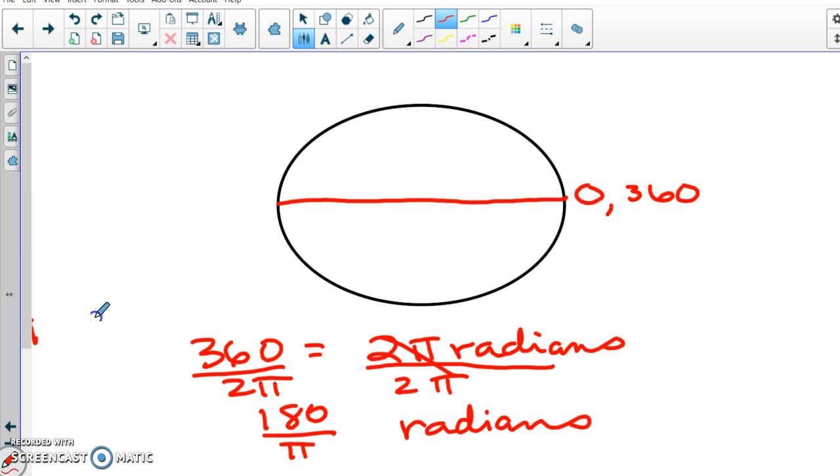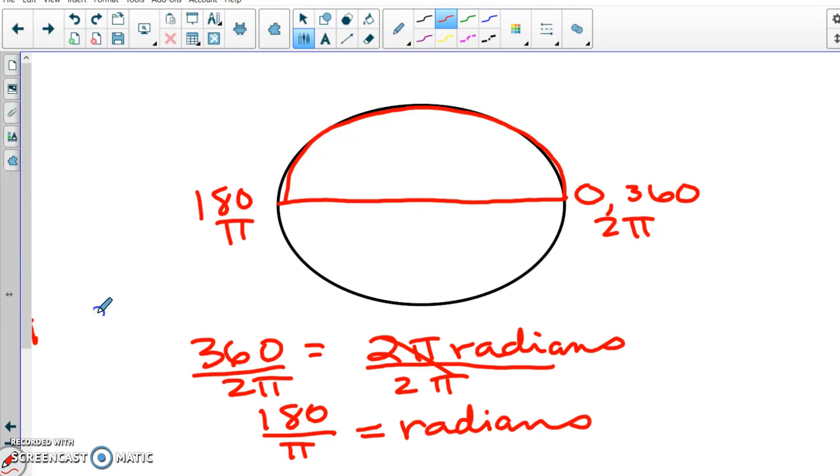And we remember this because from 0, that half circle, or 180 degrees, was the same as our measure 2 pi cut in half. So 180 equals pi radians, and this will be our conversion factor from this point on.